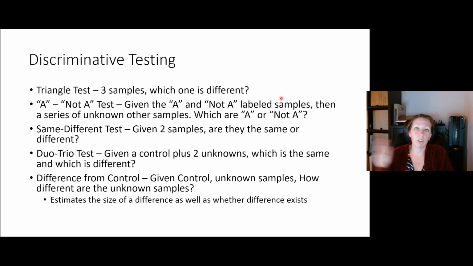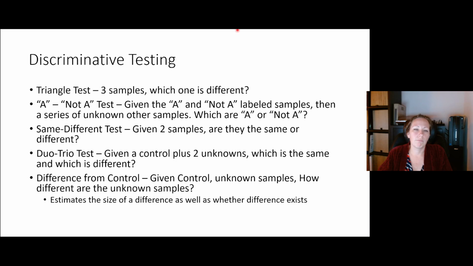Now, if I have 200 people and 40% give the right answer for which one is different, there's probably some statistical proof there that there's a little bit of difference. Not everybody can tell the difference, and that's the thing too: what level of difference are you willing to accept? Well, it's okay if 10% of the population can tell the difference because the 90% is what's going to give me the money, right? 90% is still most of my consumers who can't tell the difference, right?